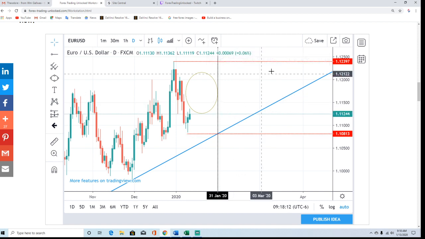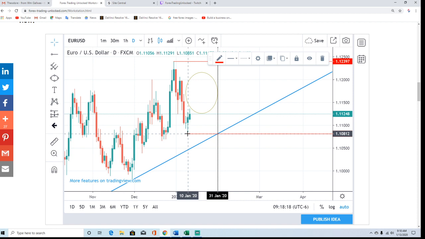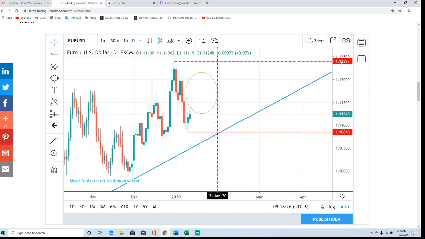So here we have our 1.1239 upside pivot, and we also have 1.1084. So this is pretty much our containment for upside and downside levels.